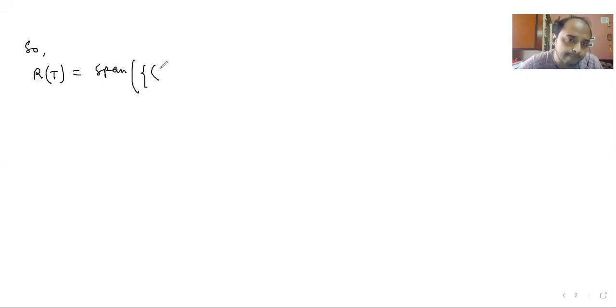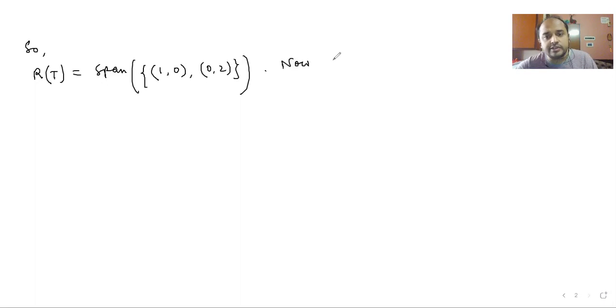So therefore R(T) is now the span of {(1,0), (0,2)}.